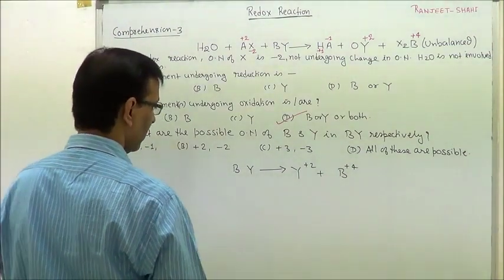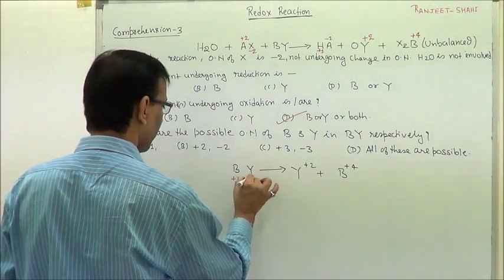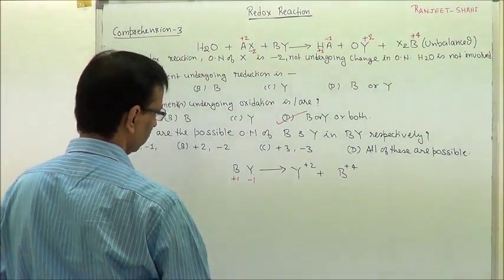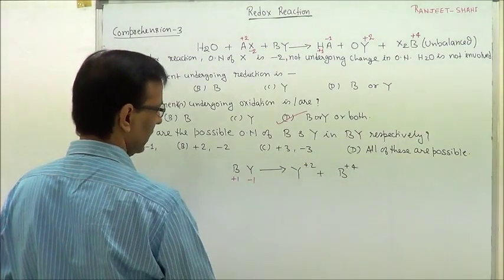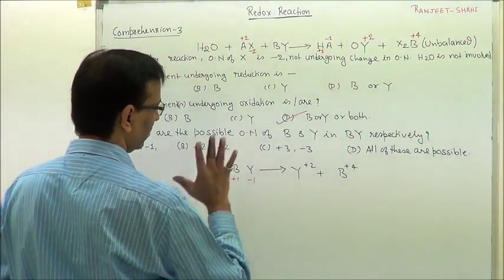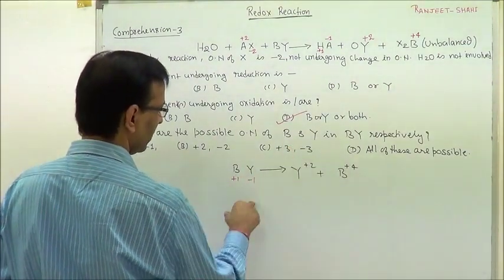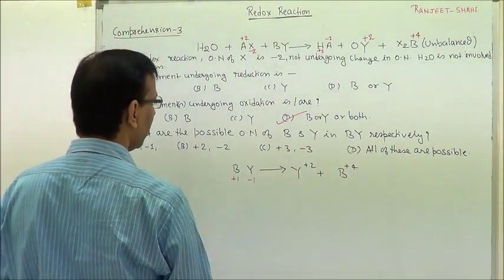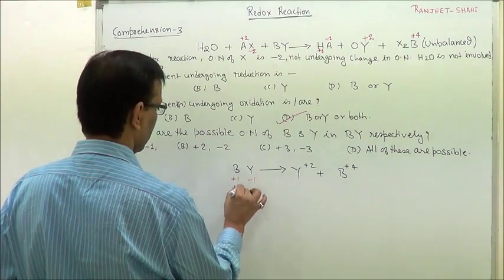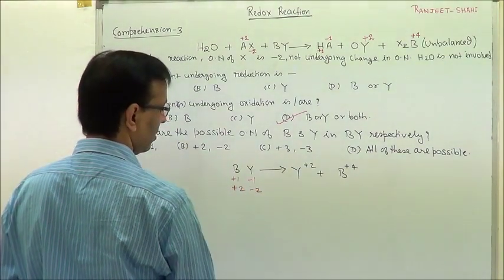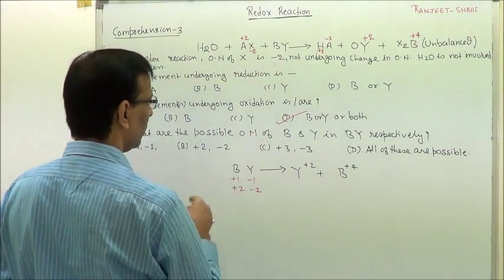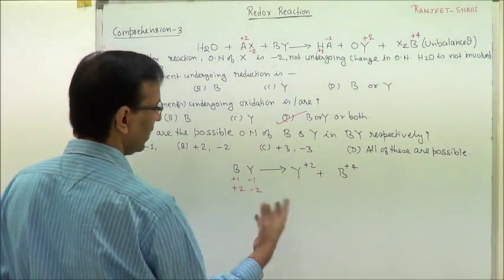If we assign +1 here, -1 here, it is undergoing oxidation. It is also undergoing oxidation. +1 to +4 oxidation, -1 to +2 oxidation. +2, -2, it is possible. +2 to +4 oxidation, -2 to +2 oxidation. +3, -3, it is possible.